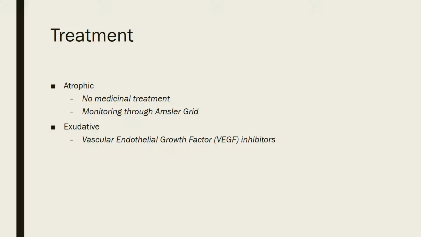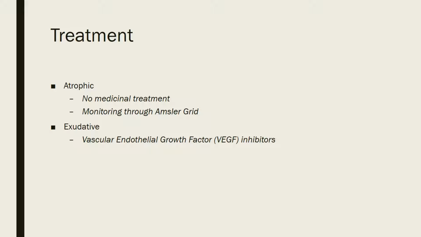There is no treatment for atrophic AMD. Doctors do recommend monitoring the progression through the use of an Amsler grid at home, and what this will catch is any sudden increase in visual distortion.